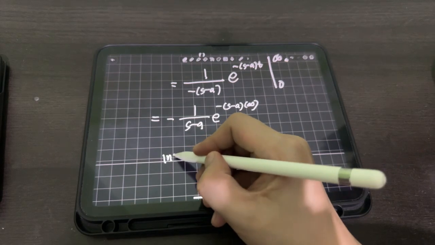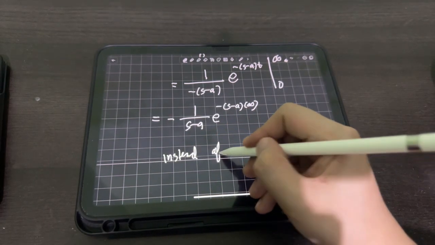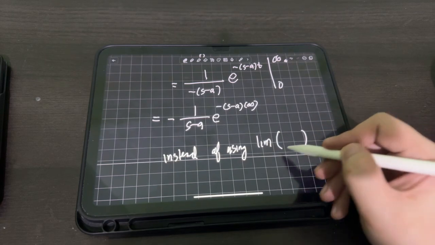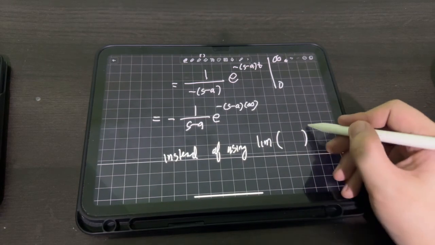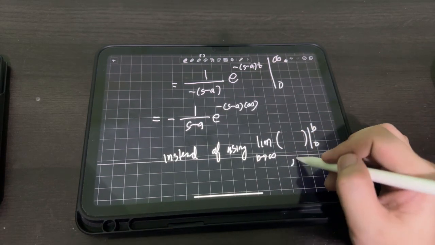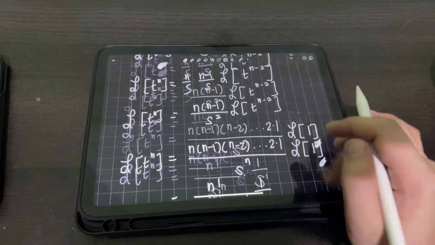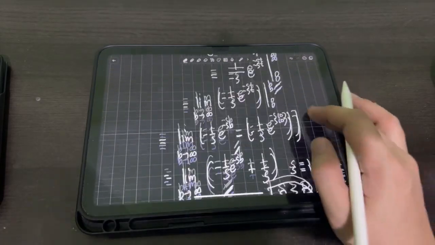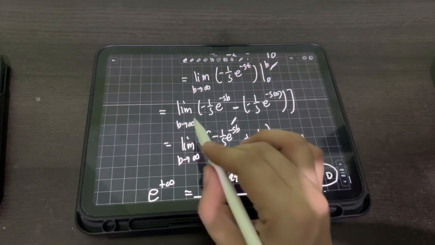So instead of using the limit of whatever is the indefinite integral from 0 to b as b approaches infinity, this one is the notation that we used in the first problem, right? We used the notion of limit.